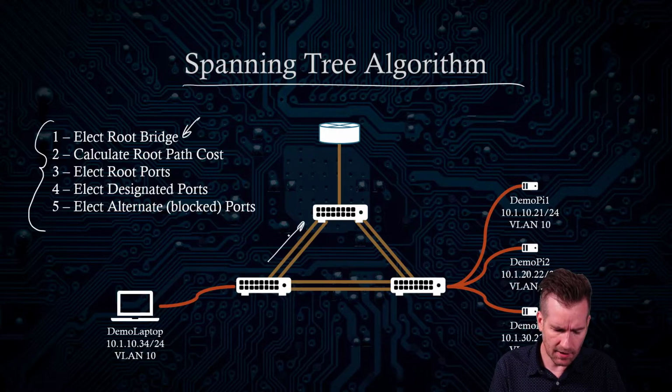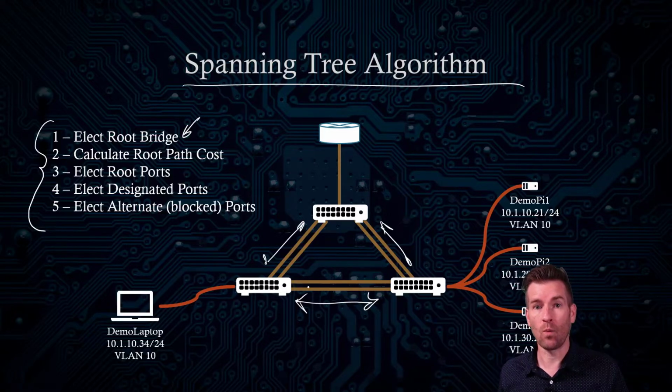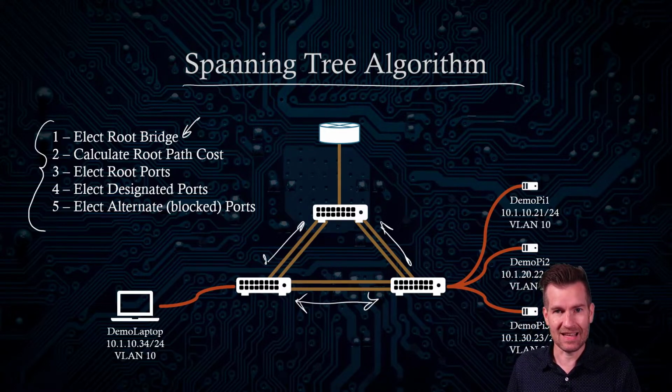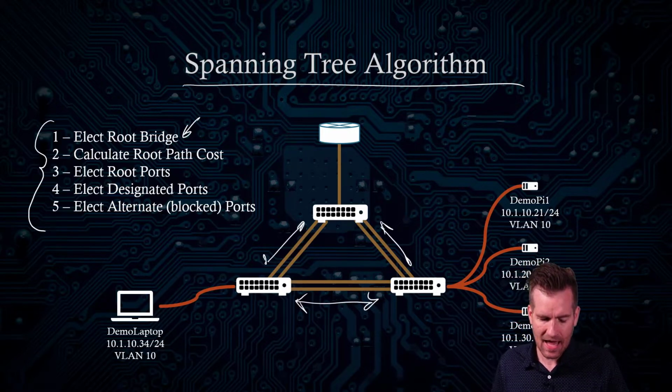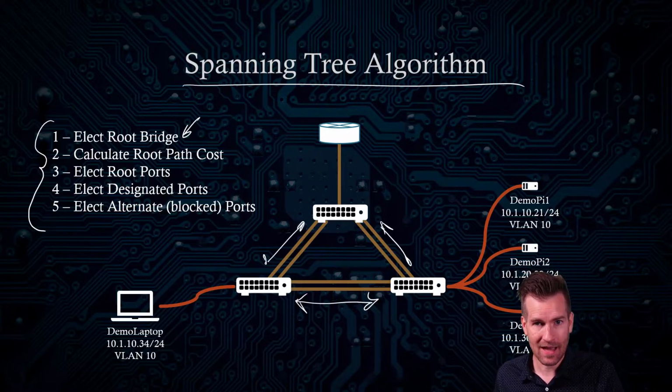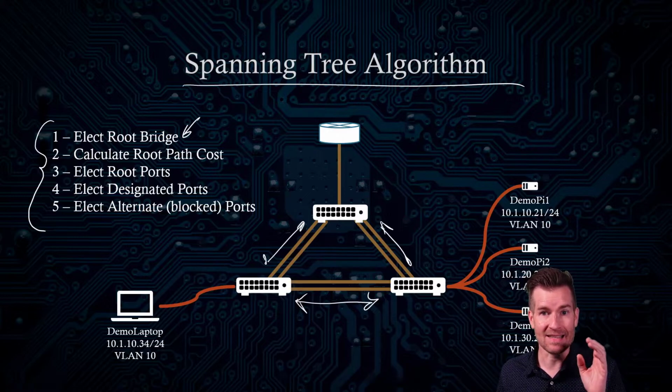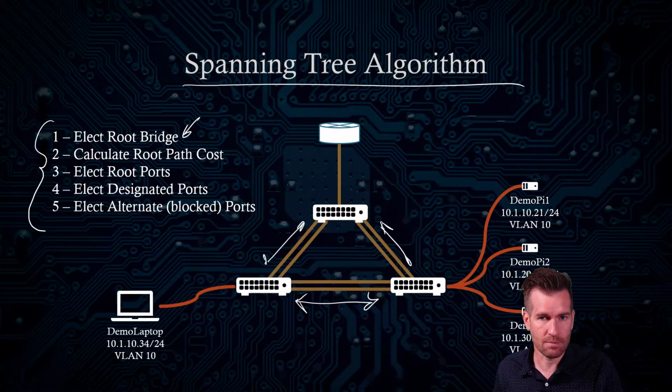Those bridge protocol data units are sent back and forth between these devices, and they carry information like what their bridge ID is and what the lowest bridge ID that they have found is. And so by sending this back and forth, all of the switches then get the information at some point about all of the bridge IDs that are on this network, or at least what is the lowest bridge ID.